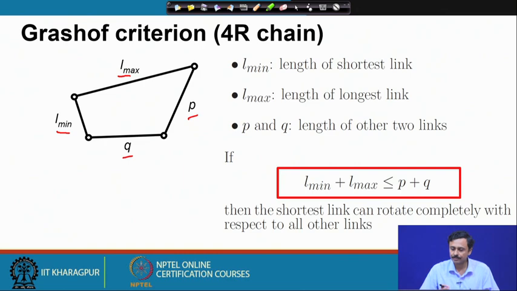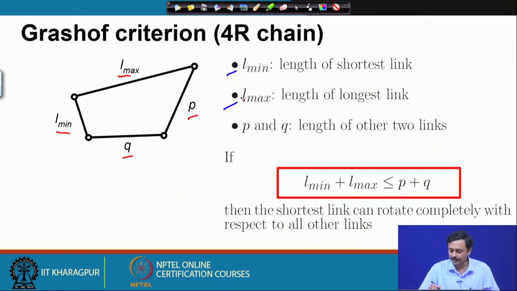As I have mentioned, L min is the length of the shortest link, L max is the length of the longest link, and P and Q are the lengths of the intermediate links.